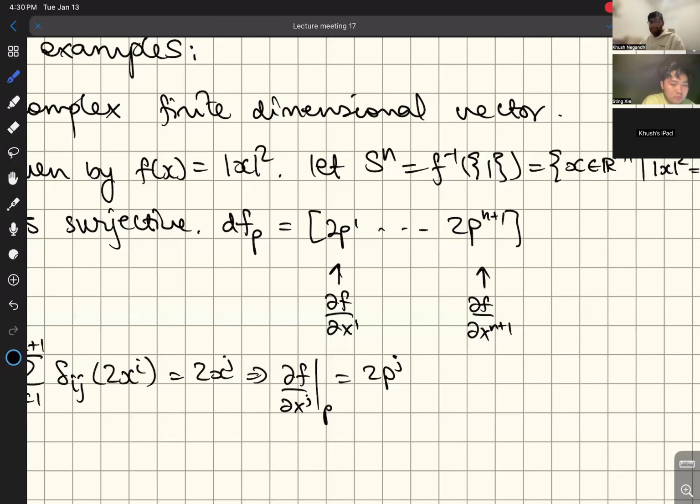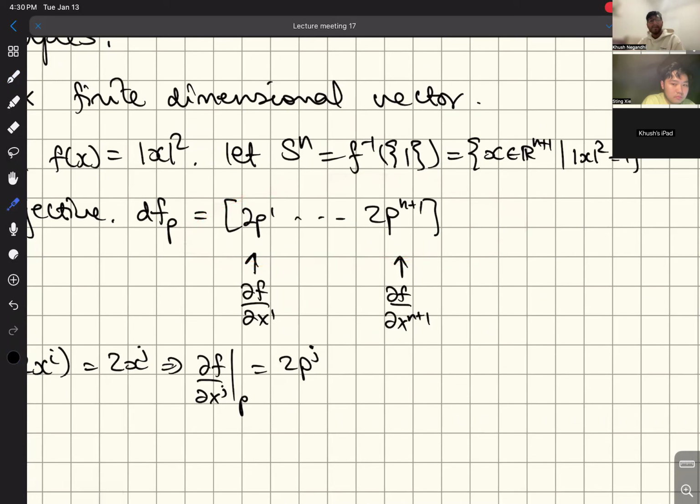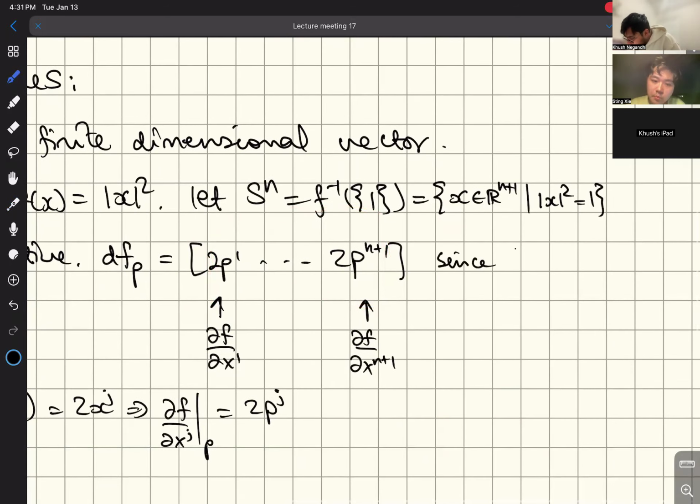Okay, but this map is clearly surjective, because this vector is not zero. The reason this vector is not zero is that you have to remember the norm of p squared is 1. So since the norm of p squared is 1, this implies that pi is not equal to 0 for some i.